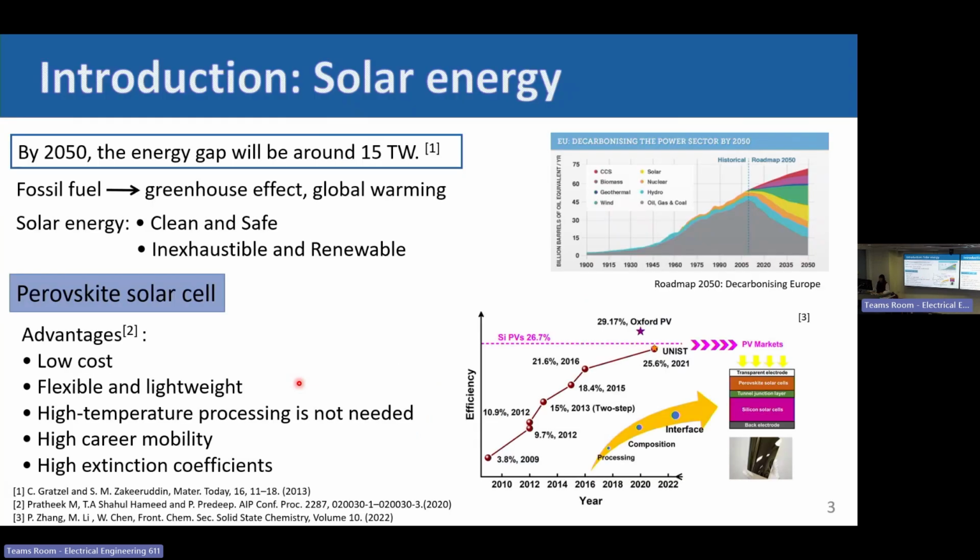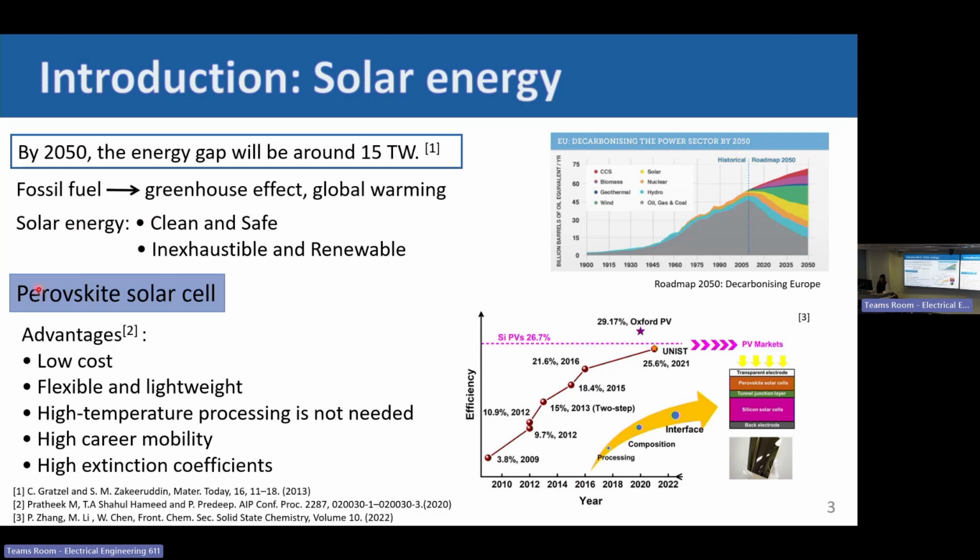The fast growth of the planet's population has caused an increase in energy consumption and an ever-increasing demand. It has been estimated that by 2050, the energy gap will be around 15 terawatts. The increased consumption of fossil fuels to meet the energy demand is considered the main reason for the greenhouse effect and global warming.